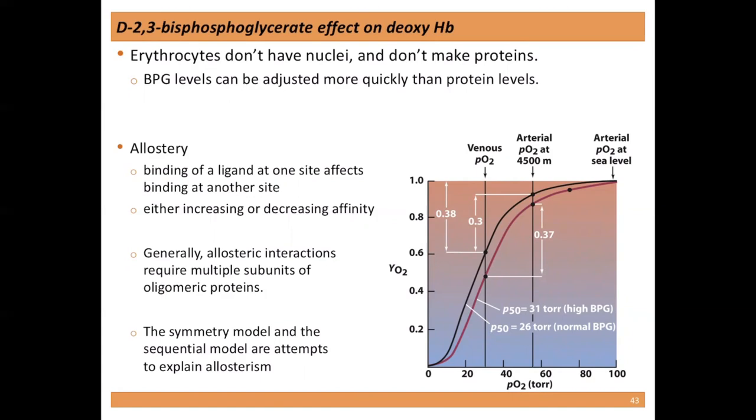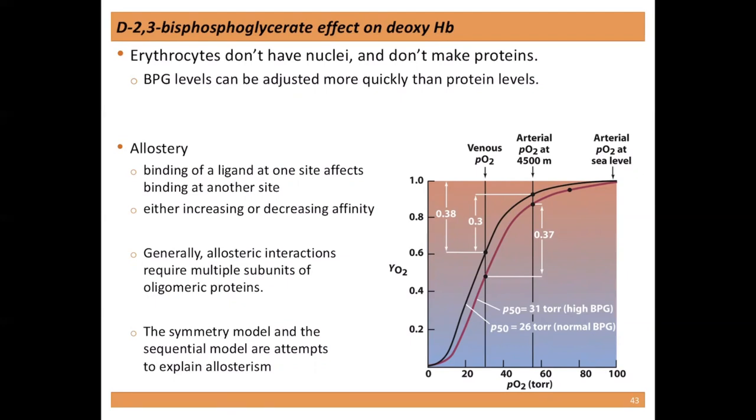We'll talk more about this when we get into enzymes, but right now, allostery is the binding of a ligand at one site that affects the binding at another. So you bind to a protein at a site distant from the active site, and that binding influences the binding of the substrate. So it can either increase or decrease affinity.